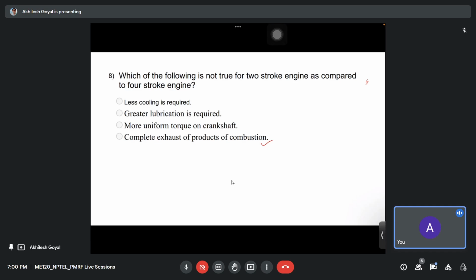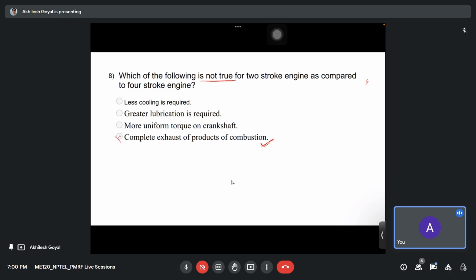It is right for a two stroke engine as compared to a four stroke engine, that in a two stroke engine the complete exhaust of combustion products takes place. But here it is being asked for the option that is not true, so that cannot be the answer.